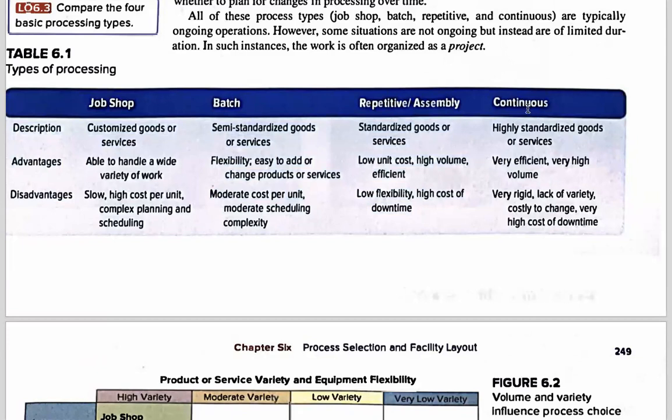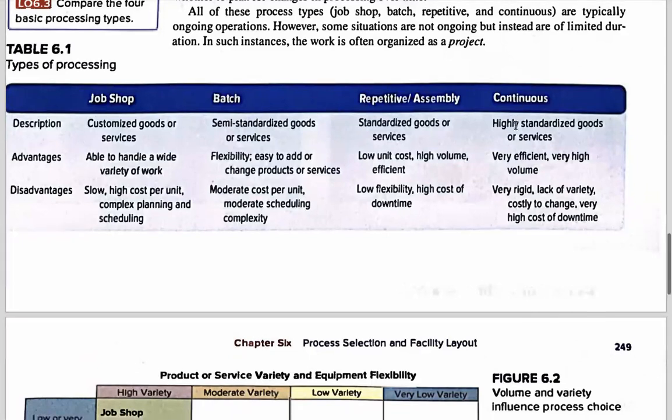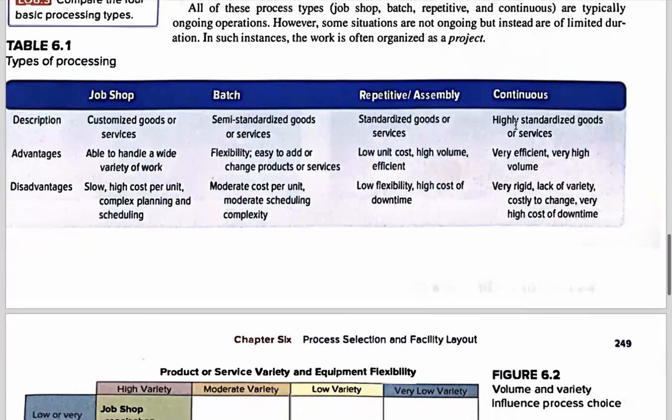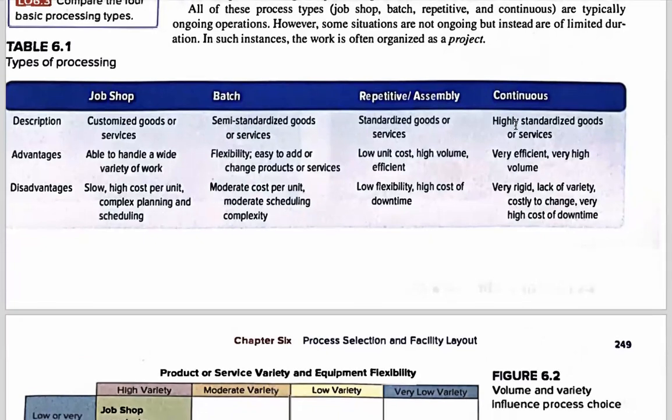And the last one is continuous. And as you can see that continuous is one extreme, which means for instance, we know that in job shop, there was no standardization at all. But in continuous, there is high standardization, which means the same product is usually made in large volume.